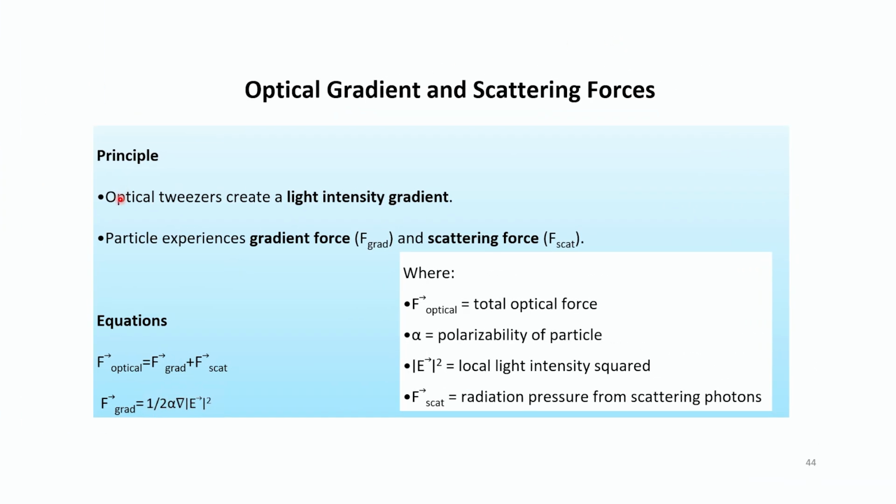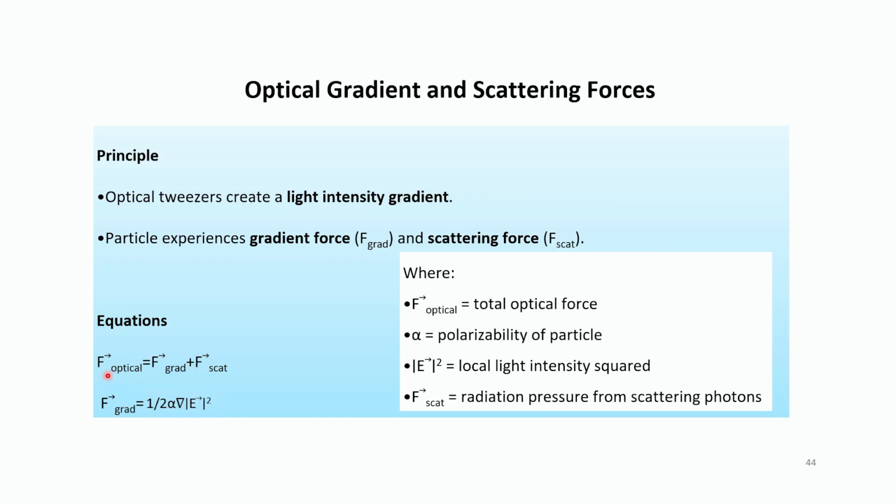Optical gradient and scattering forces. That's the principle: optical tweezers are used to create a light intensity gradient, and the particle experiences gradient force and scattering force. This is the equation where F optical equals F gradient plus F scattering.